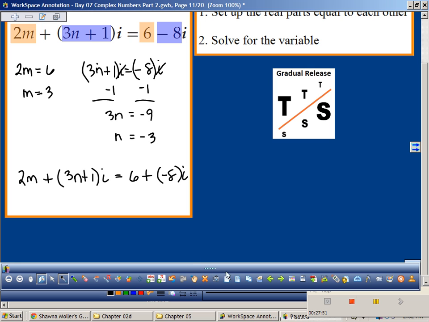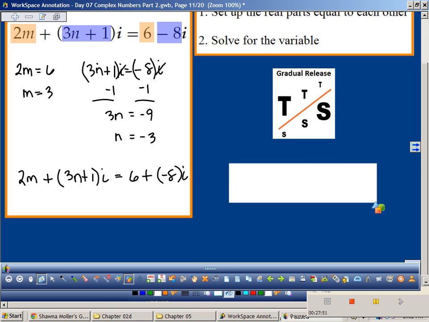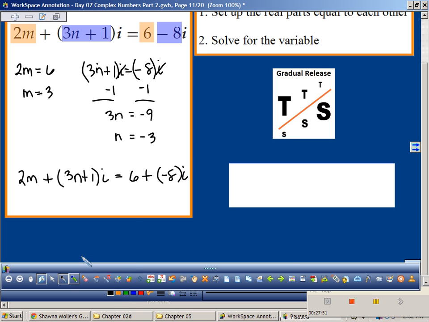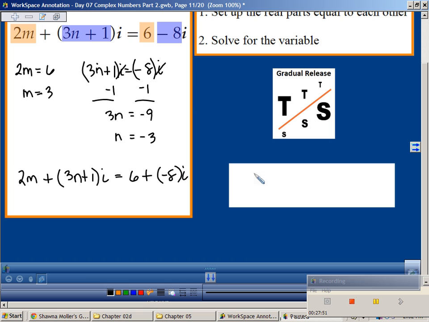Let's use this teachable moment. What if I had an x on both sides, and I divide by x? Don't they both go away?